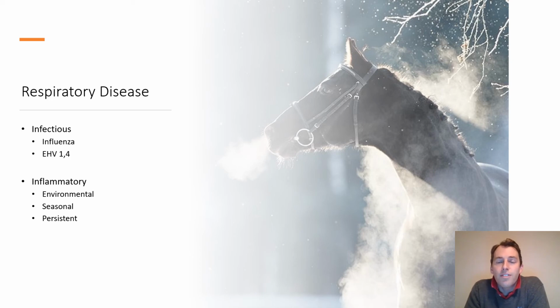It can present as a cough, as a nasal discharge, as a drop-off in exercise tolerance, and that can be triggered by certain environmental factors such as dust or pollen, sensitivity to those, to certain molds or fungi that may be present in hay or in stables. It can be difficult and frustrating to get on top of.